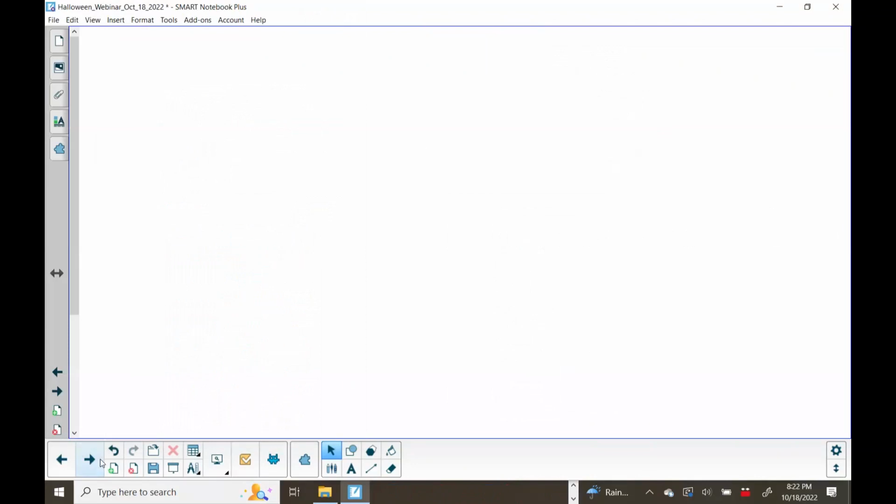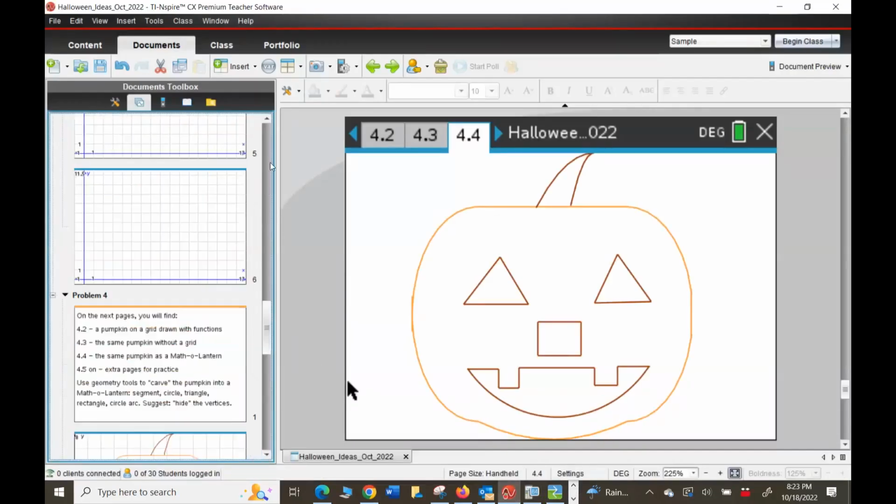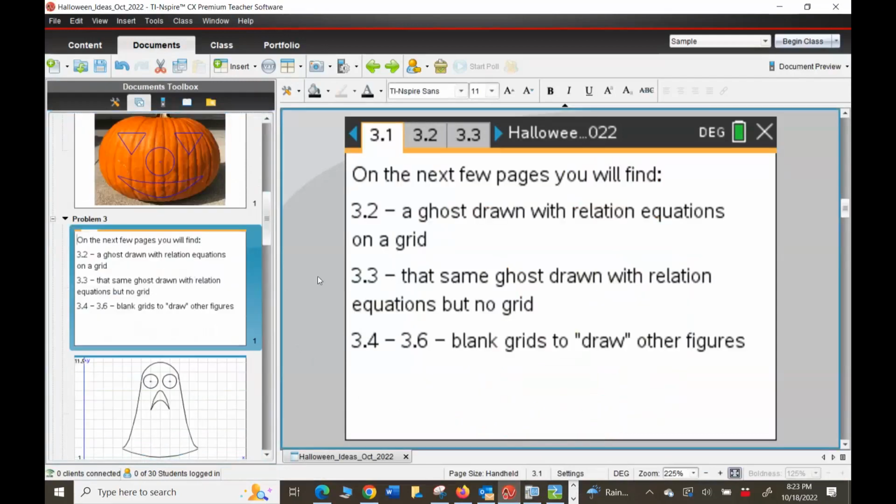So now it's time to look at Inspire. And again, I'll be coming back to the 84 CE and to the 84 also. So on Inspire, let me go to page 3.1 because we're talking about the ghost. Inspire only has one document because I can put all those things in different problems, and that's what I did. So the Inspire has just one file for you.